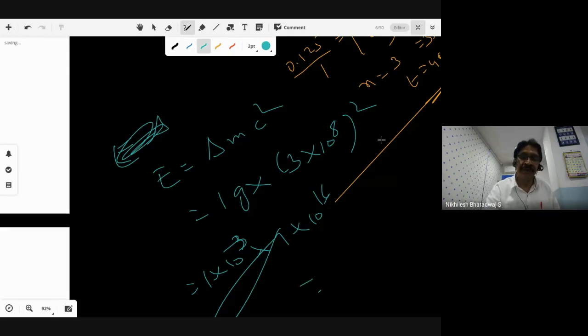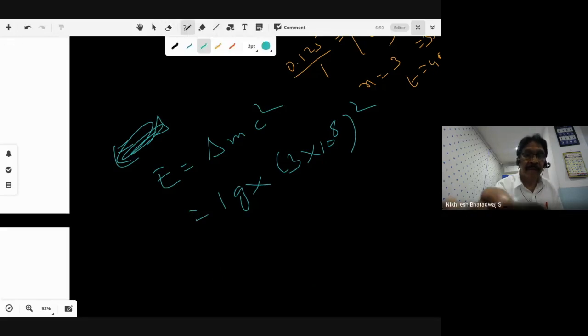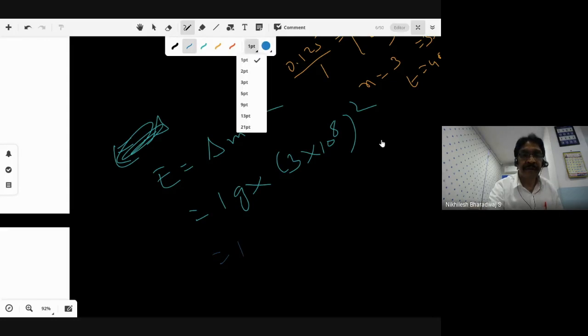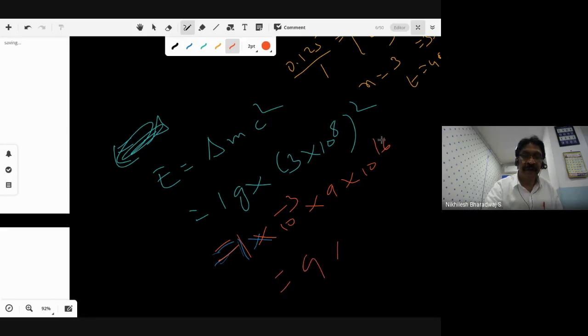How much does it become? 1 into 10 to the power of minus 3 into 9 into 10 to the power of 16. That becomes 9 into 10 to the power of 13 joules. This is the answer.